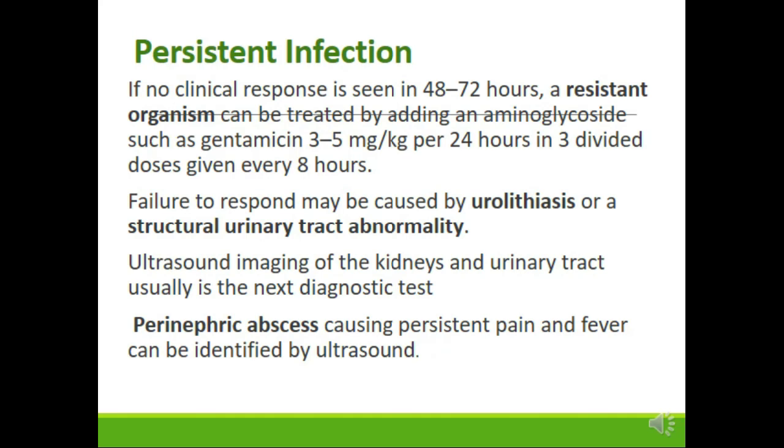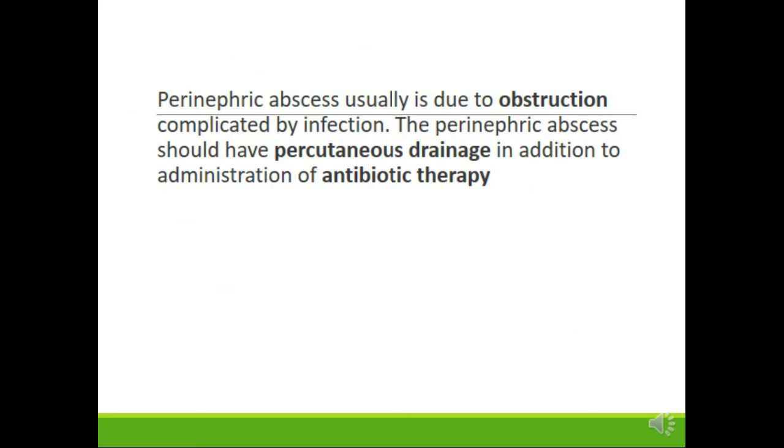Failure to respond may be caused by urolithiasis or structural urinary tract abnormalities, so ultrasound imaging of the kidney and urinary tract is usually the next diagnostic test. A perinephric abscess that causes persistent pain and fever can also be identified by ultrasound. Perinephric abscess is due to obstruction complicated by infection, and it should be drained percutaneously in addition to antibiotic therapy.